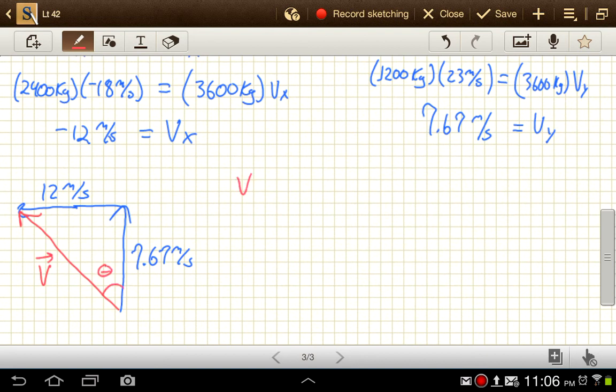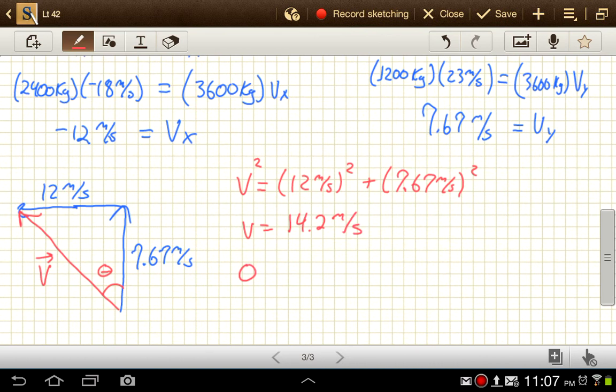So the magnitude of that velocity is going to be equal to 12 meters per second squared, so I square that magnitude, plus 7.67 meters per second squared. So the velocity then is going to be the square root of 144 plus 7.67 squared, and we get 14.2 meters per second.